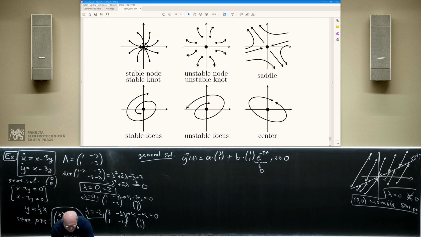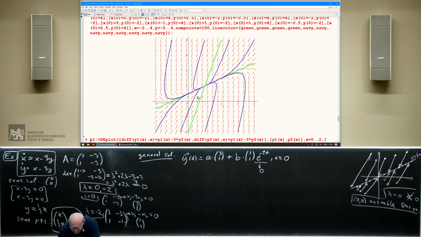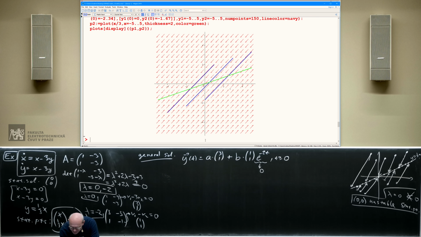OK, the last trick. Here is Maple, and I will ask it again for some solutions. And you can see them here. The green curve, that's the solutions that are stationary. It's actually infinitely many stationary solutions, their orbits, because these solutions are stationary, and therefore their orbits are just dots. And then there are those blue curves.